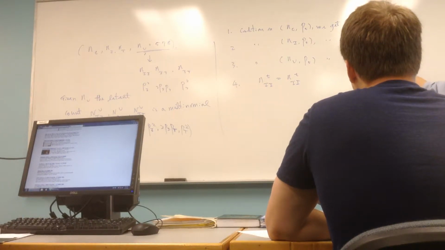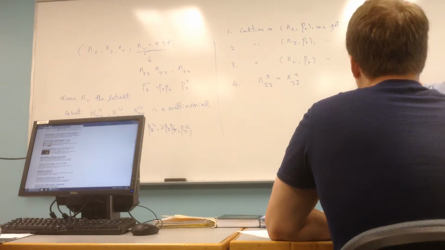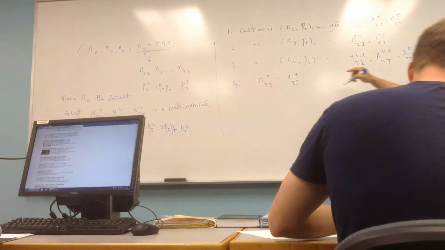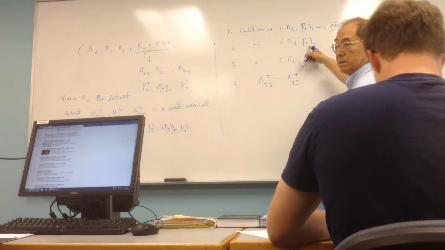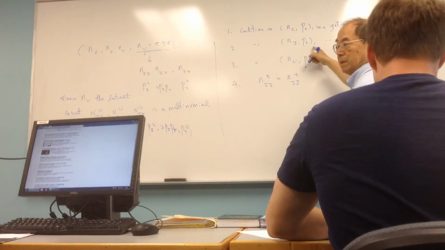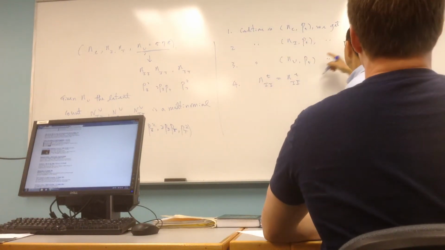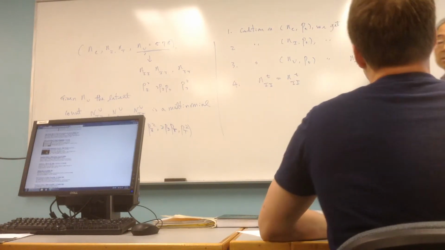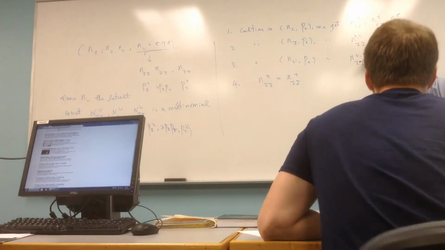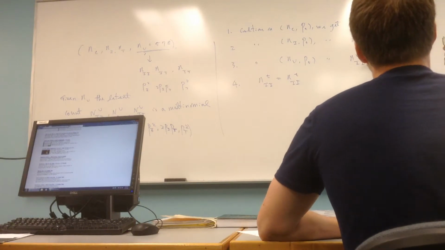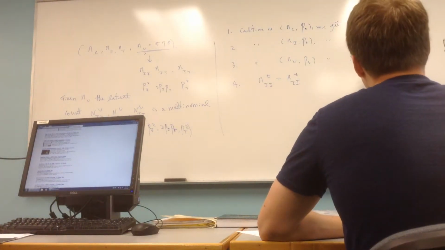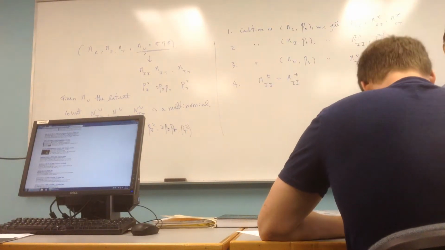Are you following me? Conditional on NI and PT at the time T, you calculate all these numbers. That's a binomial, right? So these numbers come from I, and these numbers come from U.